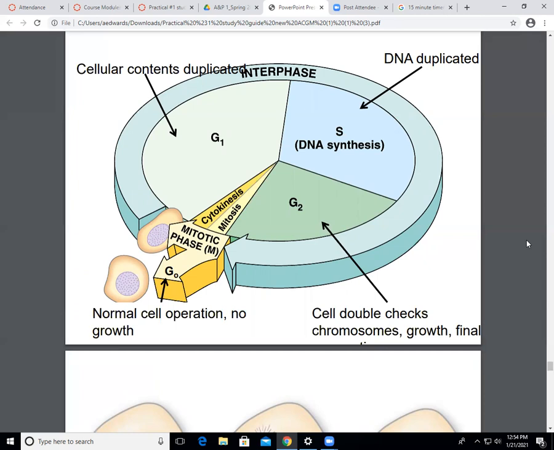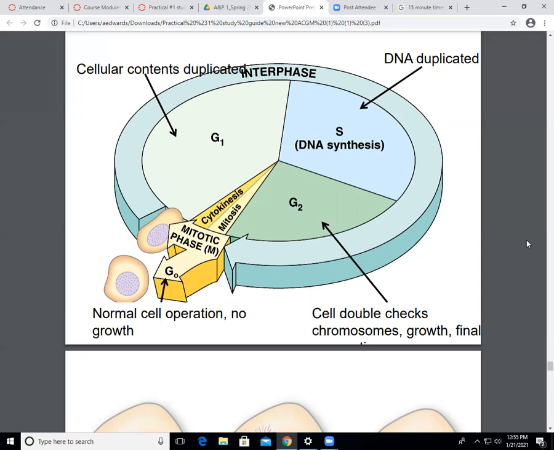So most of the time during the cell cycle, that cell is in what we call interphase. Okay? Interphase. And I can tell you right now, you're probably going to see a picture that looks just like this. And you're going to have to identify pieces of it. We'll just basically have all the letters and stuff blurred out. So just get used to seeing it, okay?